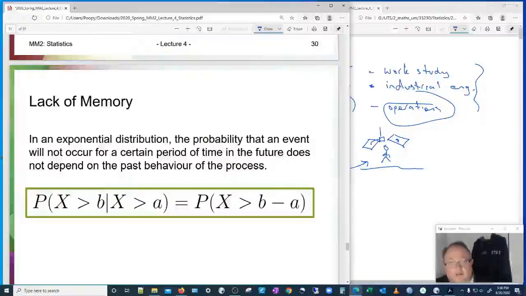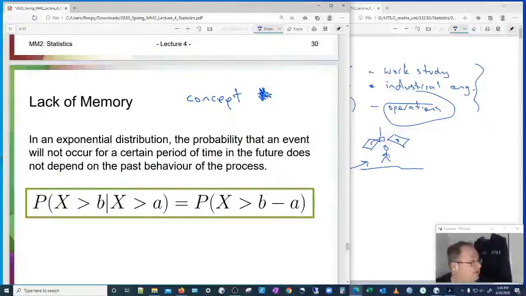So in an exponential distribution, the probability that an event will occur for a certain period of time in the future, what's that interval going to be, does not depend on past behaviour. So again, as a concept, not so much the computation, but certainly as a concept, that is something that we'll be interested in having explained. Okay, so what is it?